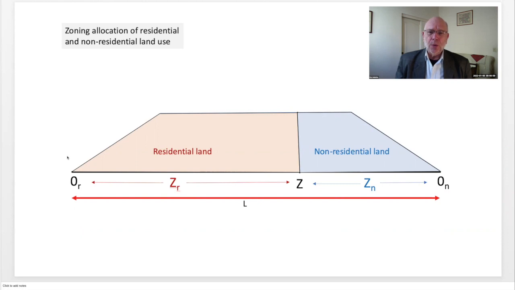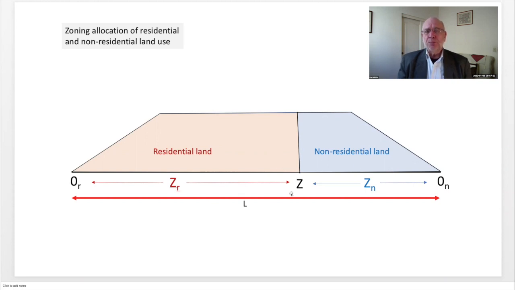While we normally encounter many different kinds of zoning, as I said, residential, commercial, industrial, open space, etc., for this example we will work with two designations, residential and non-residential.